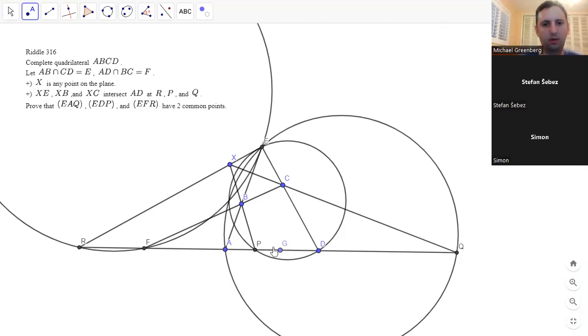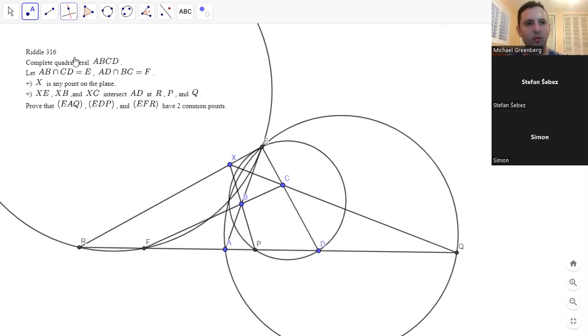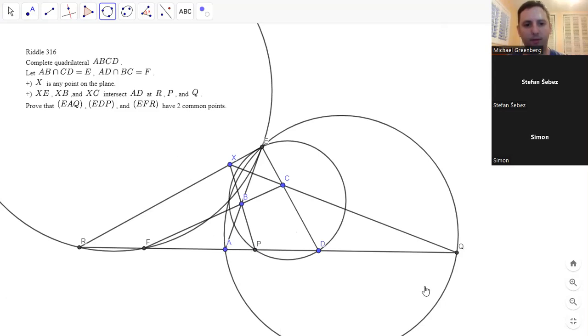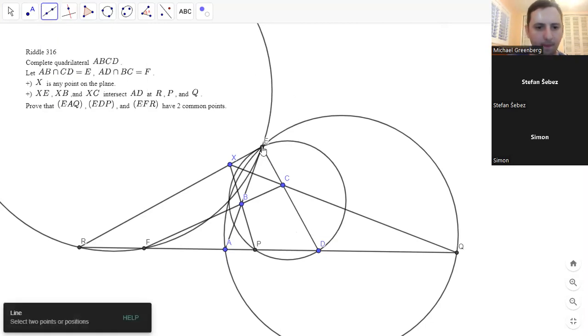Yeah. So G, we could call it the center of inversion. I don't know if there's a way to construct it. It will just be the intersection of radical axes of these circles, which, I don't know that it exists, but you can at least draw it accurately. So the radical axis of these three circles. Yeah, it's where the radical axis intersects AD. Exactly.